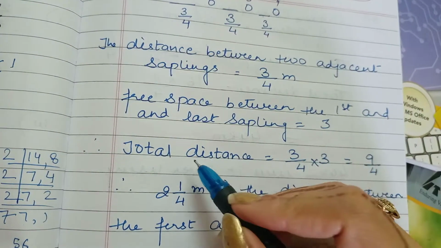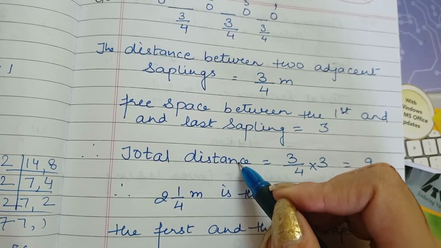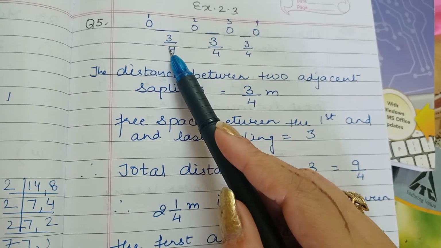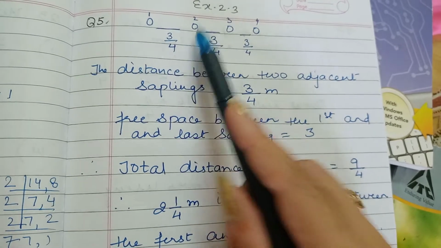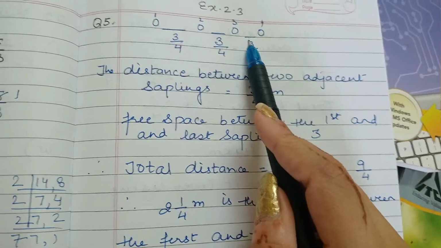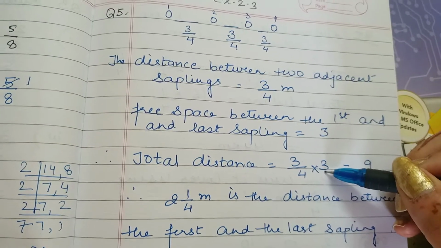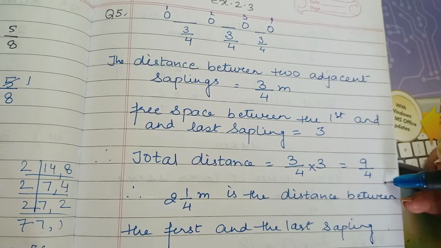They are asking for the total distance now. So for finding out the total distance, what will we multiply? We'll multiply the distance between the 2 adjacent saplings with the number of spaces between these saplings. So it is 3/4 multiplied by 3, and we'll get our answer as 9/4.